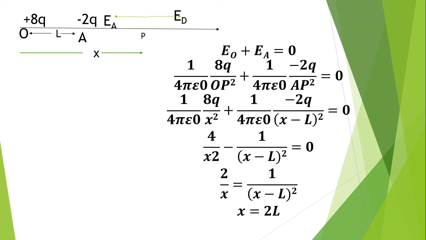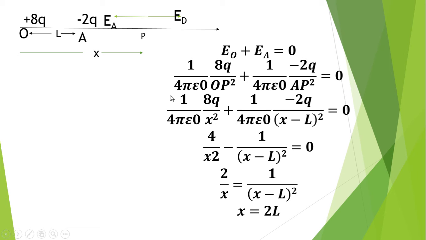So the resultant electric field intensity at point P is 0. E naught plus EA is equal to 0. Putting the value of the electric field intensity at point P due to the 8Q charge, 1 by 4 pi epsilon naught 8Q by OP square, plus 1 by 4 pi epsilon naught minus twice Q by AP square is equal to 0.